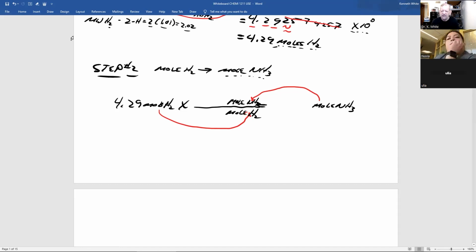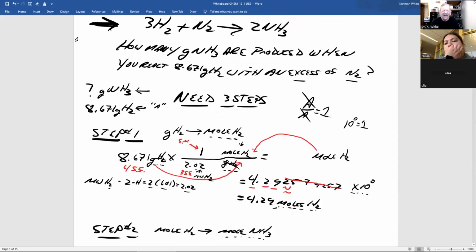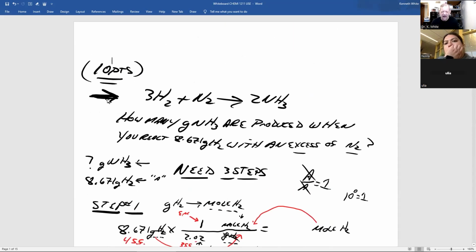I'll wait until everybody's finished copying. You finished? And we come up to the balanced chemical equation. The coefficients, the number in front, gives us molar relationships. When there's no number, it's the number 1.